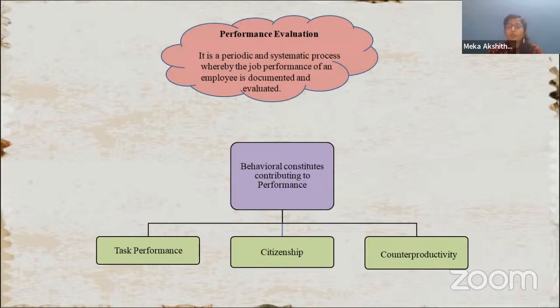Everything comes under counterproductivity. So if your behavior is against the organization's rules and regulations, then that is considered counterproductive behavior. Based on these three factors, your performance would be evaluated.